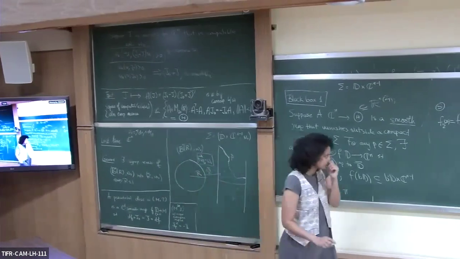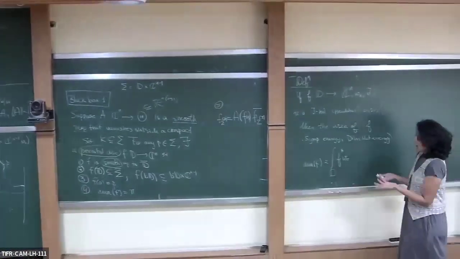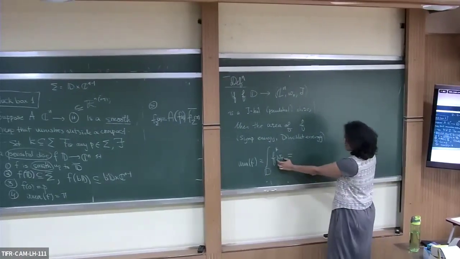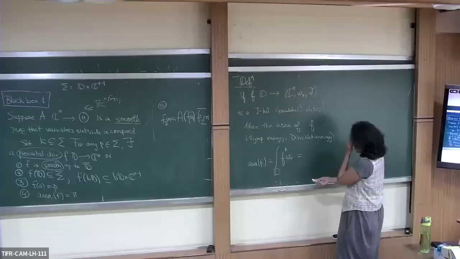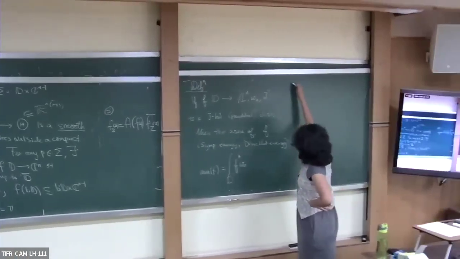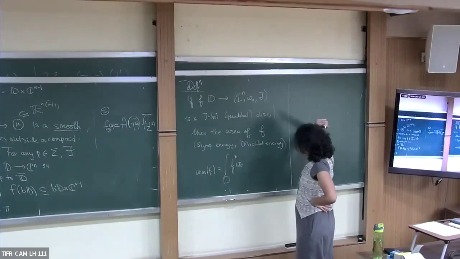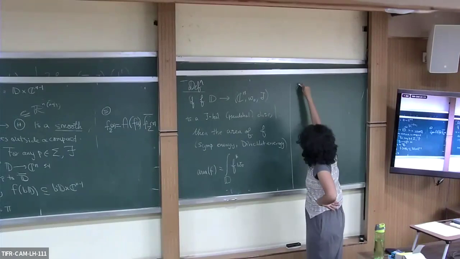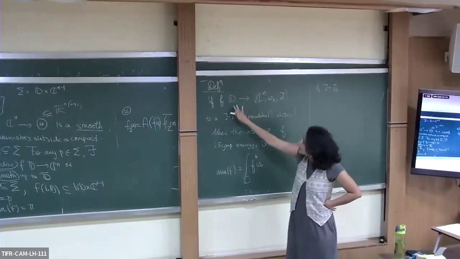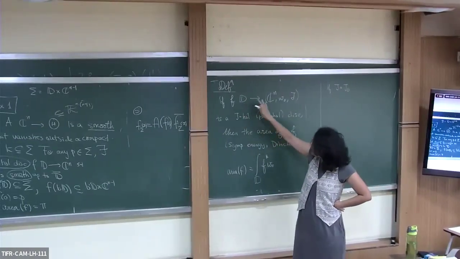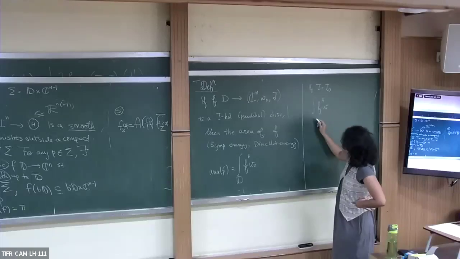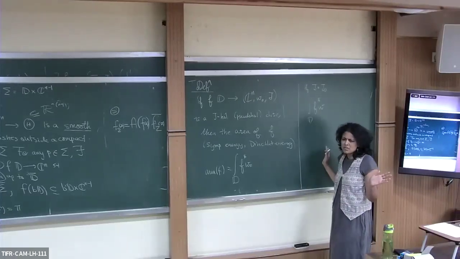This is good information. Okay, so I pull back this form, I get this quantity, which, because I have taken the standard structure, I will say here: if J is J naught, so if I'm looking at a genuine holomorphic disk from D into Cn, then when you work out the details of this, when you write this down, everybody has to get very good at pulling back forms and writing this in terms of coordinates.